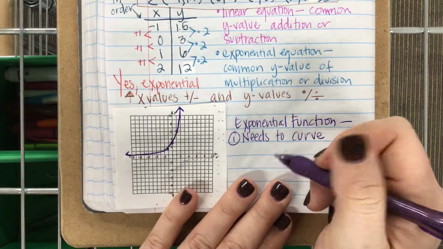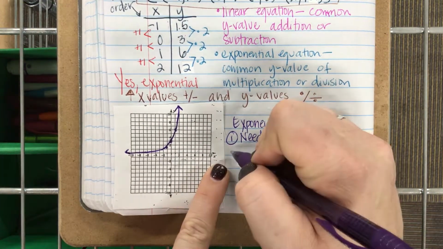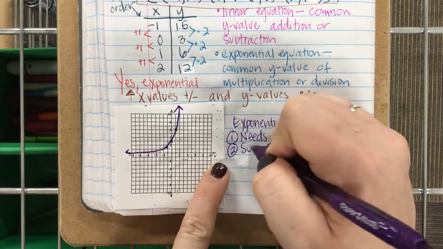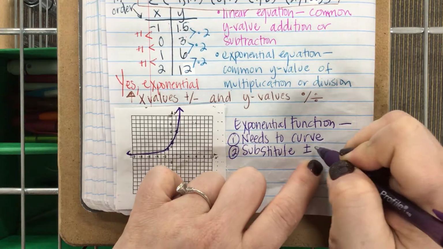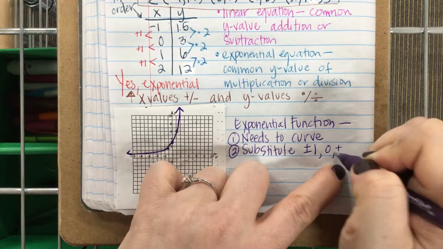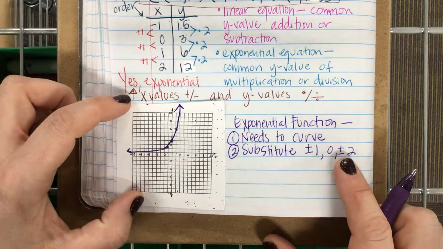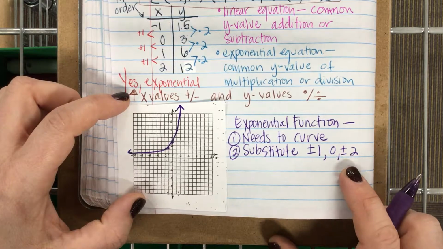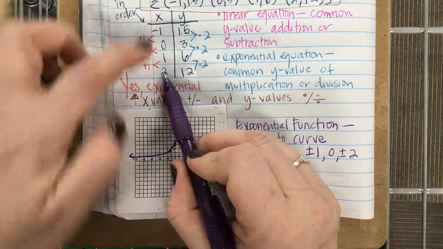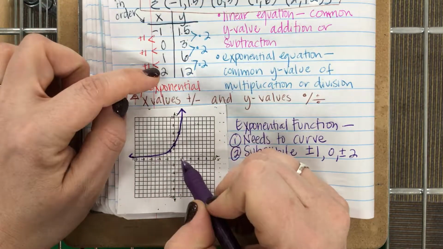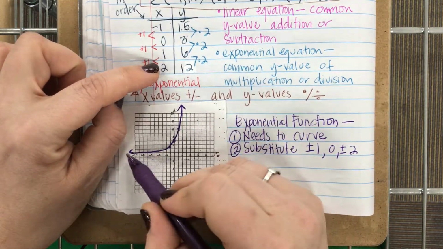It's going to get big fast, right? So it's going to get really big really fast. So if they're asking you to pick values to substitute, you should substitute negative 1, 0, negative 2. If you get bigger than 2 sometimes, it's not going to fit on one of these graphs. Unless they provide you a graph that has pretty big values, you're going to get really big really fast. When we substituted the x value of 2 into this equation, we were already off the graph. So you're going to have to be a little artistic when you're curving that graph.